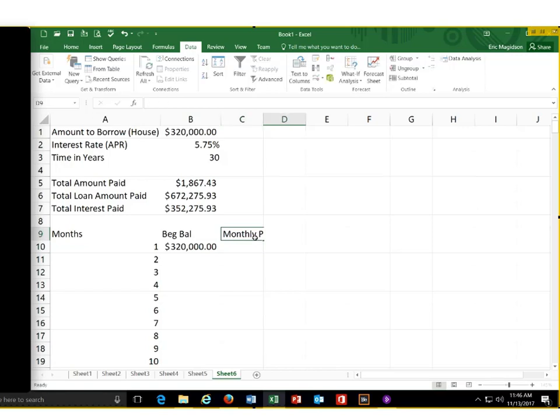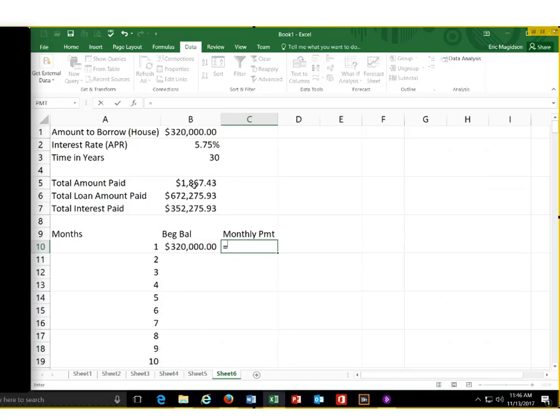How much is my payment? So this is going to always equal this. Okay. Now we're going to go through this, but is this going to change each month? No. So what I'm going to do, and I'll show this to you, is I'm going to absolute that. That way when I fill it down, it stays at that. Okay?